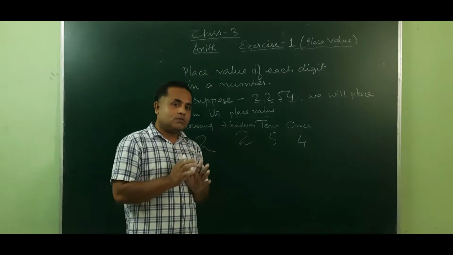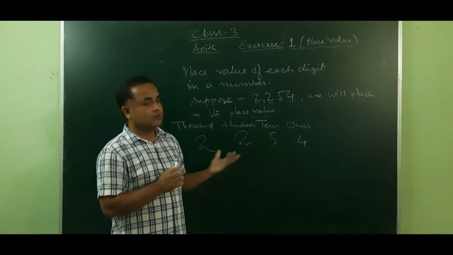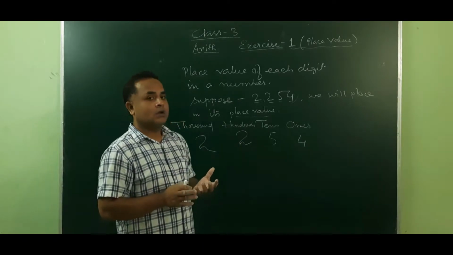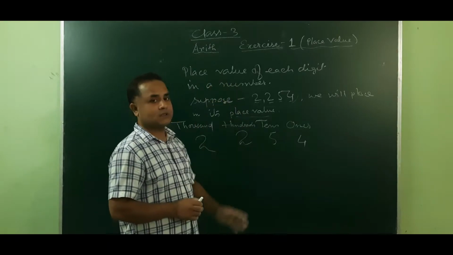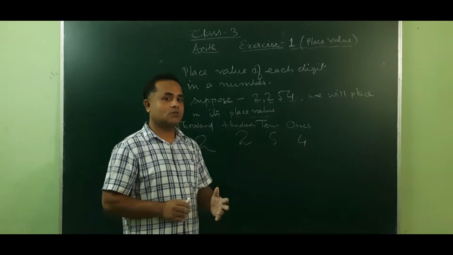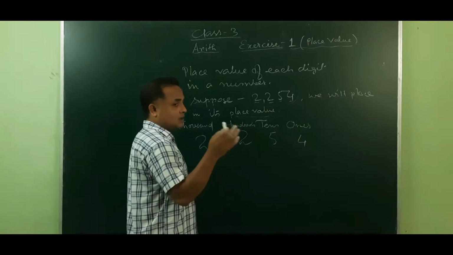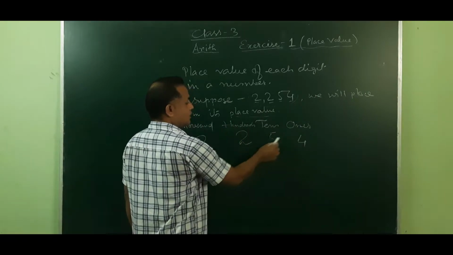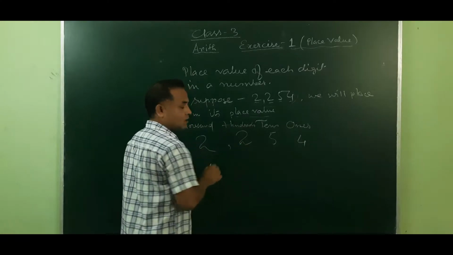Now the most important thing in our counting system, which sometimes we neglect, is to distinguish between the Indian counting system and the international counting system. In the Indian counting system, from ones, tens and hundreds, after going 3 places, we put one comma.